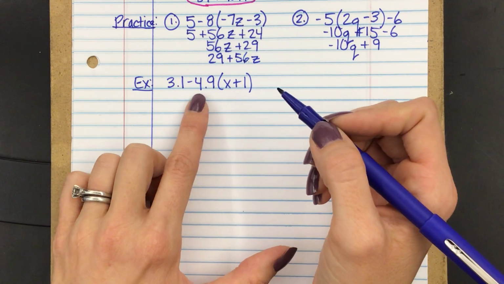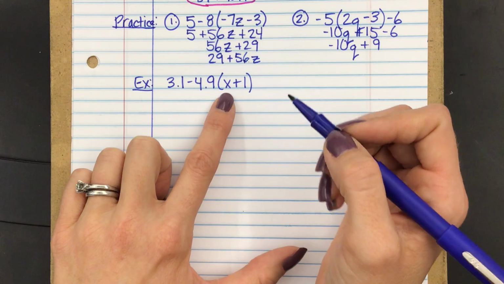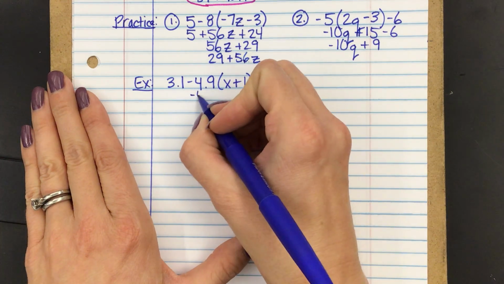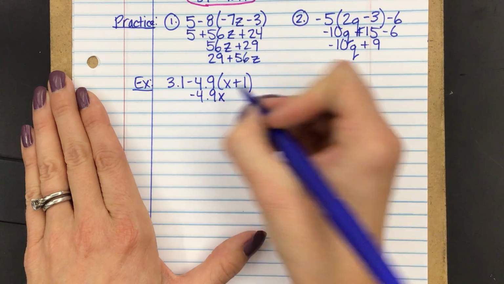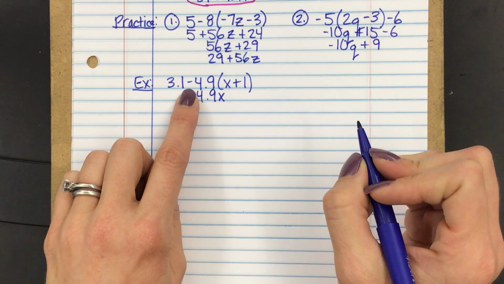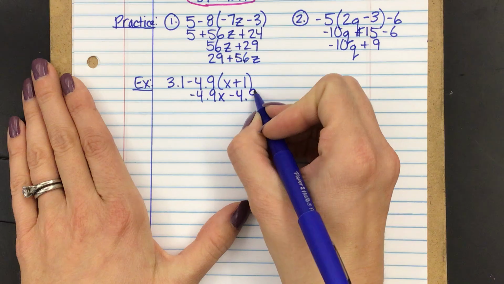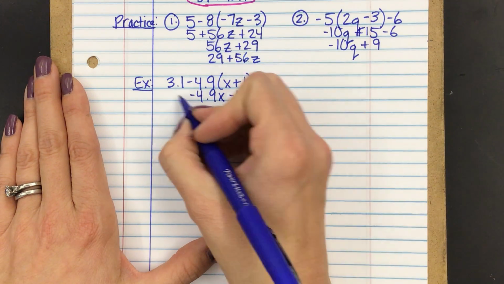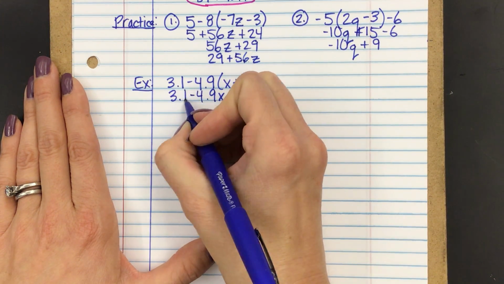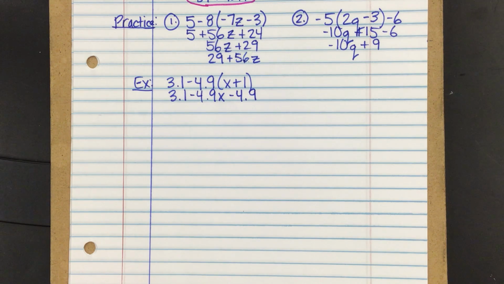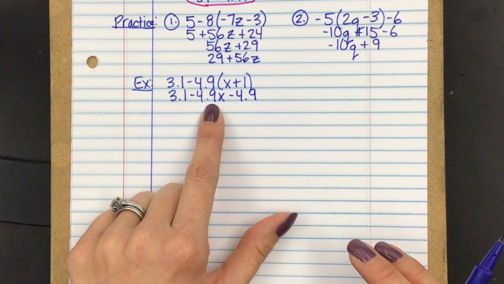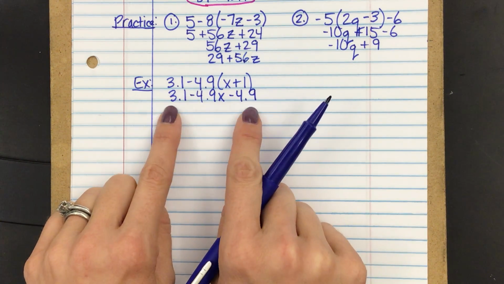Thank you. Negative 4.9 times x is negative 4.9x. Negative 4.9 times 1 is negative 4.9. I'm going to bring this down. Okay. Now, this doesn't have a like term, so I can leave it alone, but these are like terms.